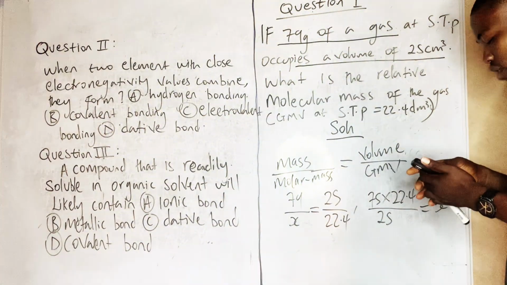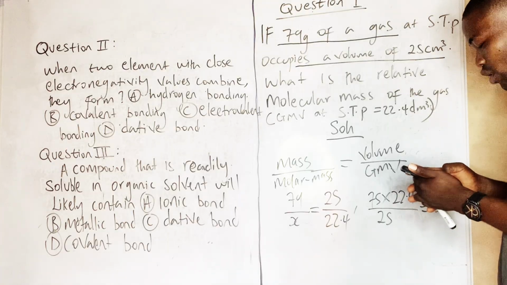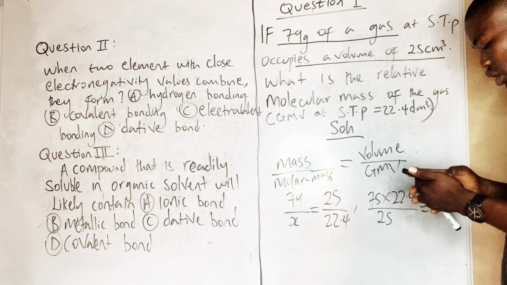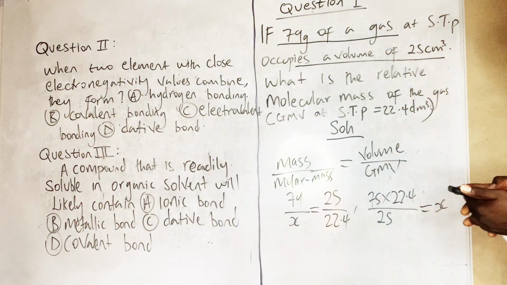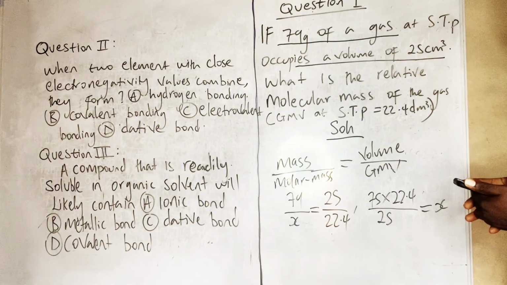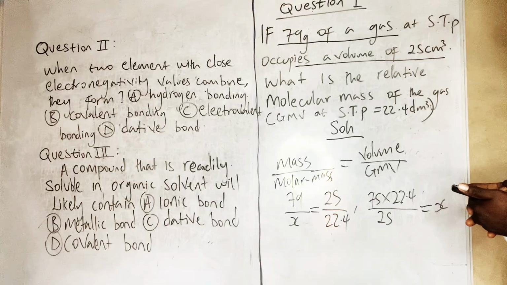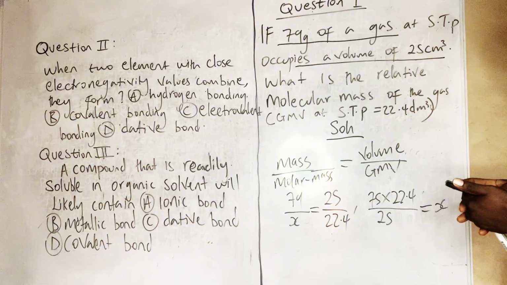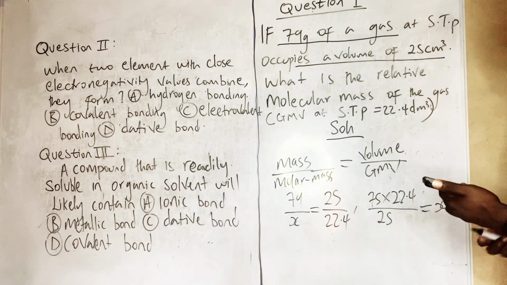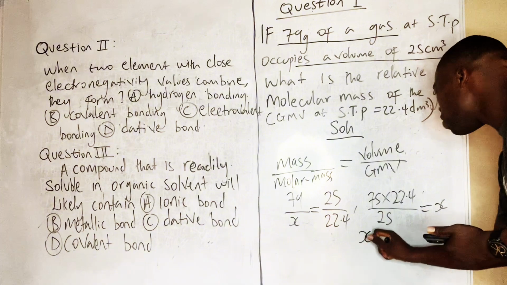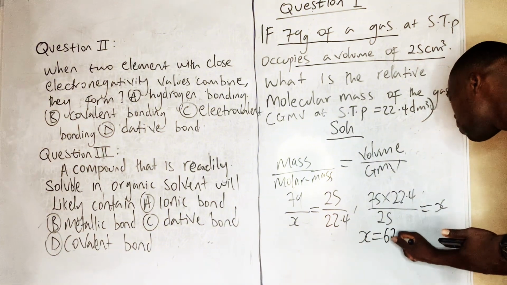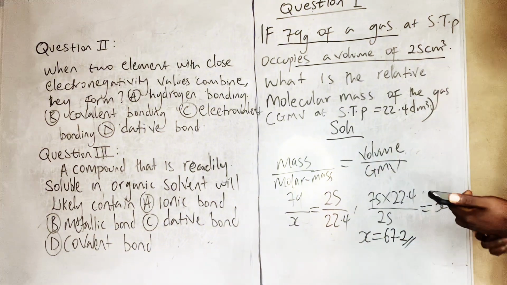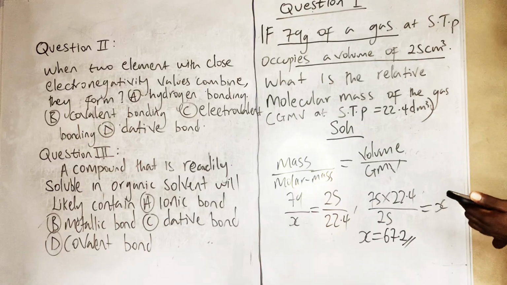Let me quickly calculate. That's 1680 at the top, divided by 25, so I have 67.2. The molecular mass of the gas is 67.2 AMU. As simple as that. It's so easy.